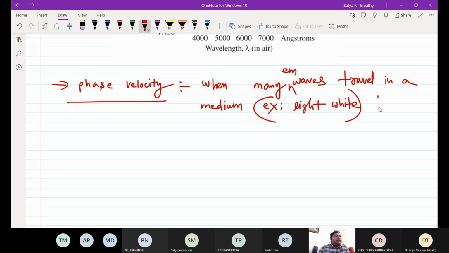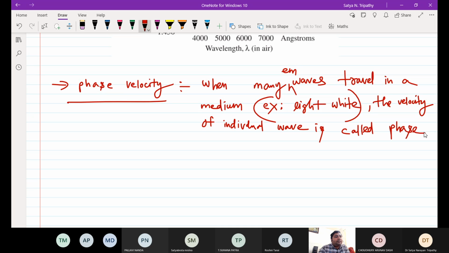What happens? The velocity of an individual wave is called phase velocity. Now, it is a very important concept.